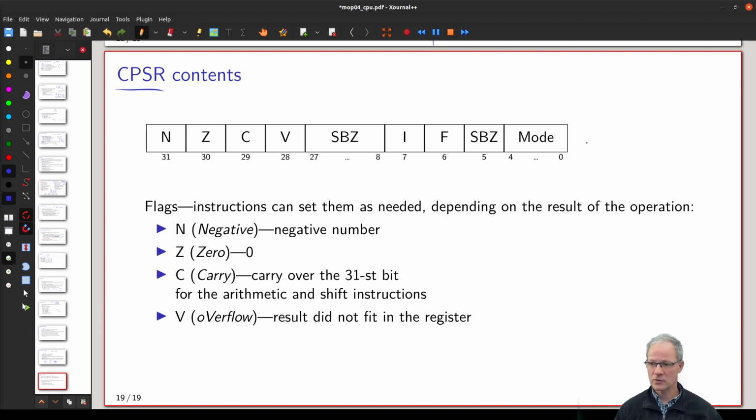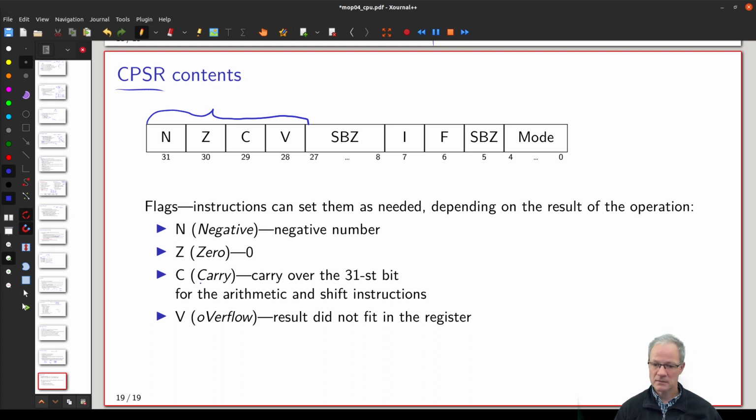And finally, about the CPSR, what are the bits? The size is still 32 bits. The bits that we're going to care about are these 4, and the rest of them we're not going to worry too much about. The 4 bits are: the negative bit, which tells that the last operation had a negative number as a result. The zero bit: if we subtract 2 numbers that are of equal value, that's going to be set.